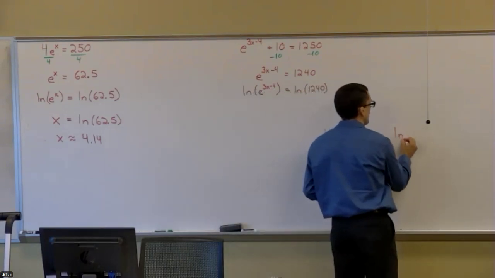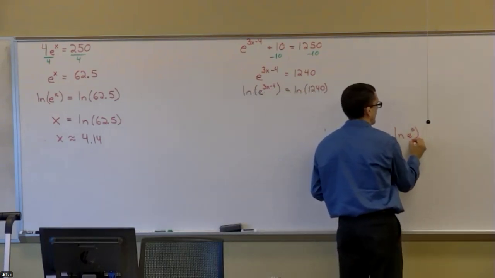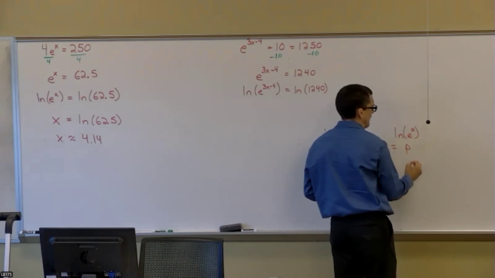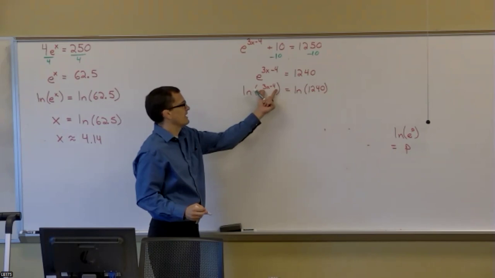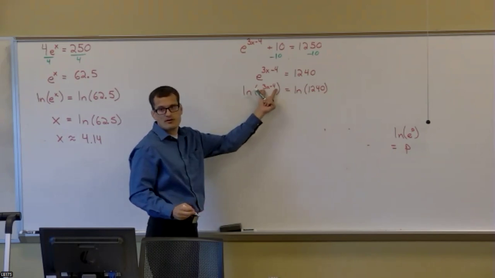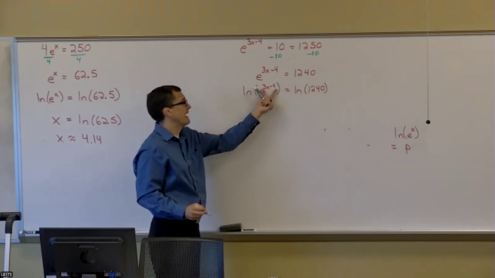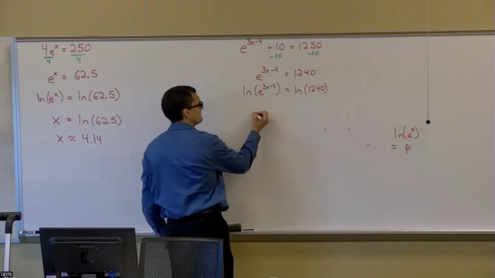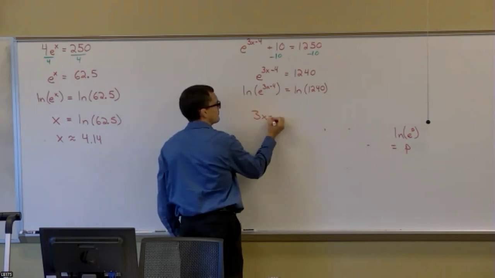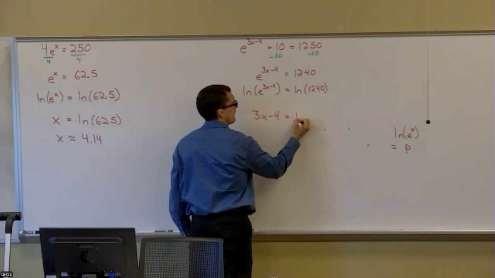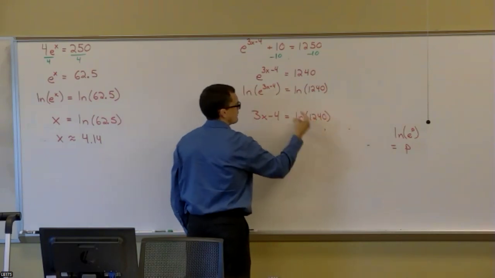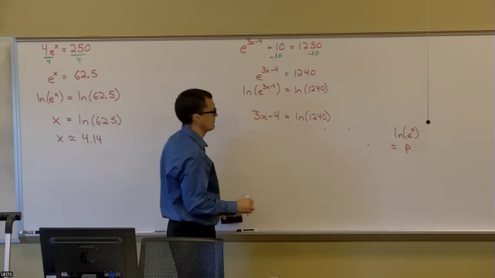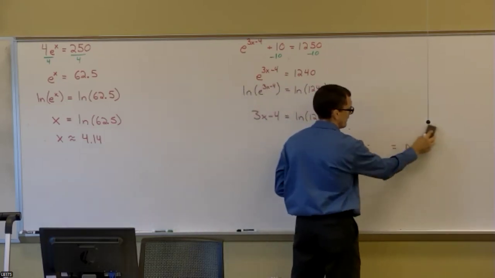Now, natural log of e to any power is just equal to that power itself, right? So it doesn't matter that our power is 3x minus 4. Natural log of e to the power 3x minus 4 is going to be just 3x minus 4. And the right-hand side is natural log of 1,240.